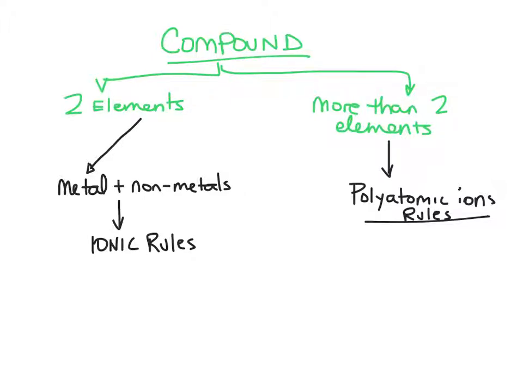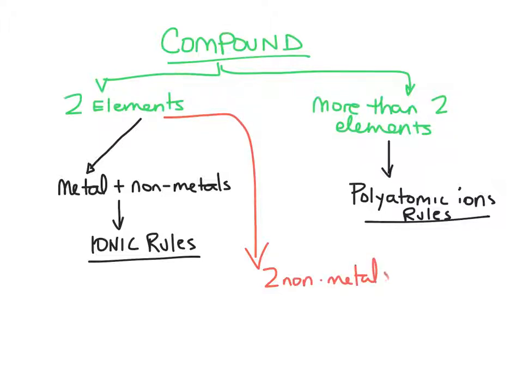If it's a metal and a non-metal, you follow ionic rules. But if it is two non-metals, you're going to follow the covalent, or as they sometimes call it, the molecular rules.